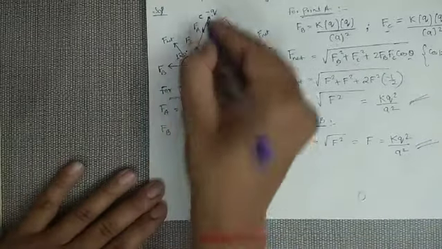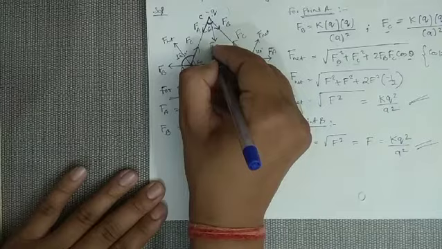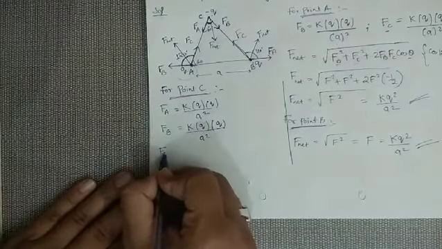So again we will take the resultant of these two vectors, that is F net.